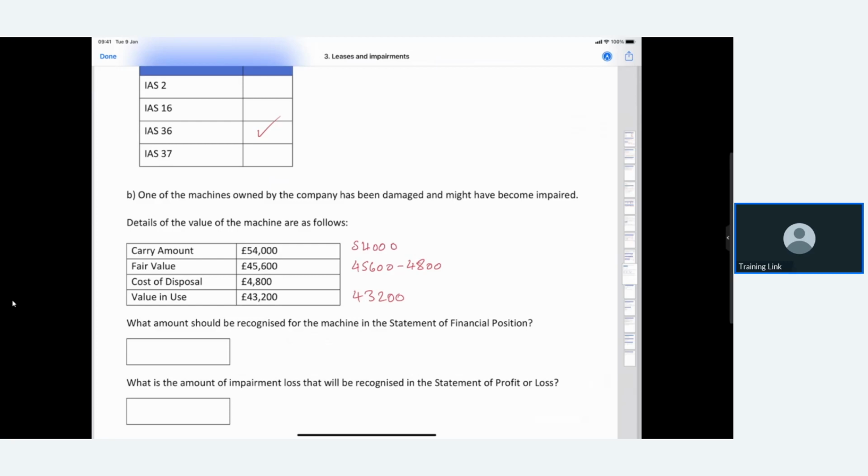Okay, now, we can see straight away that there will be an impairment because the fair value, less cost to sell, and the value in use are lower than the carrying amount. Now, what IAS 36 states is that we can value it at the higher of these two figures. Okay, now this one will be 4,800.